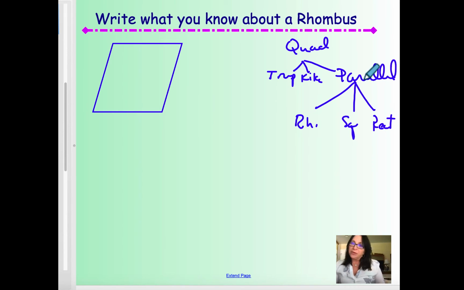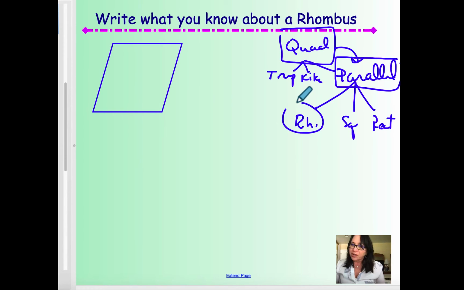Now, remember that all of the features that a quadrilateral has, meaning 4 sides and that the sum of the angles is 360, fall into a parallelogram, which means that all those 5 things that we talked about in the very beginning of the lesson are characteristics of a rhombus.